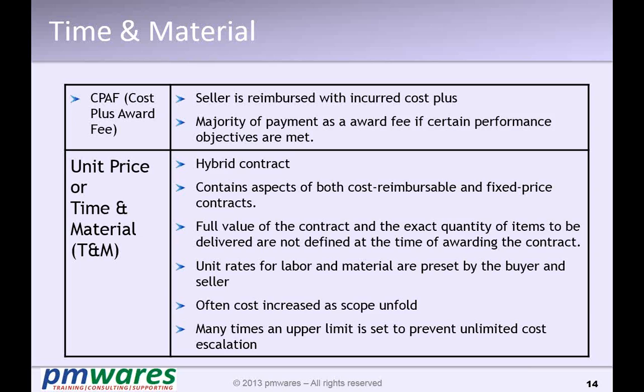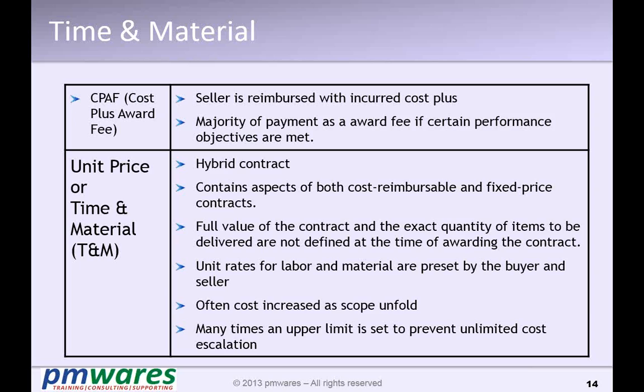So normally it is used for staff augmentation, for contractual work, for taking the services of human resources. Suppose you want some experts, some consultant on board. The consultant will tell you, okay, I will come at this rate. My rate is this. So your rate is fixed. But how much service you will take from the consultant is not fixed. So it has both flavors.